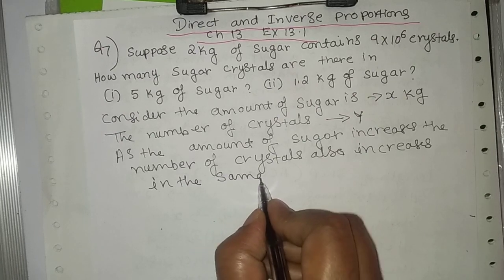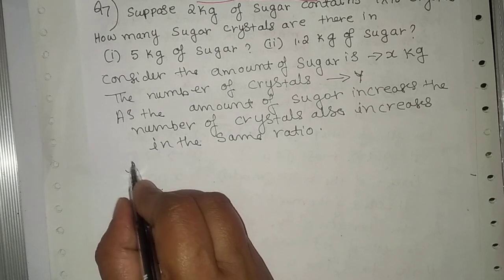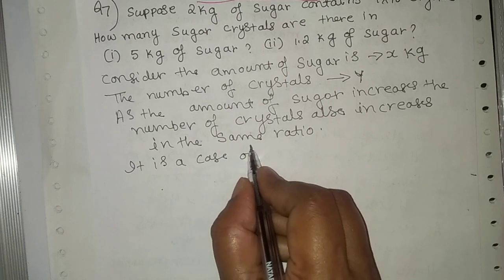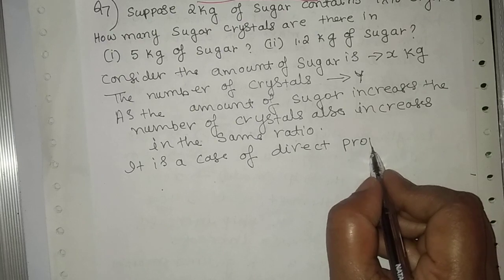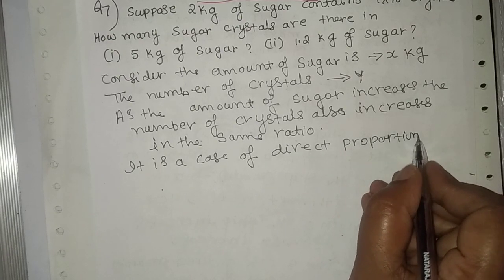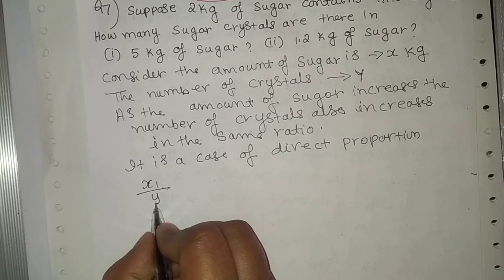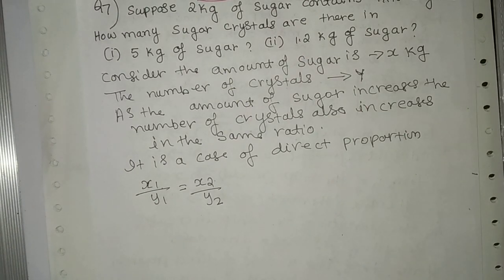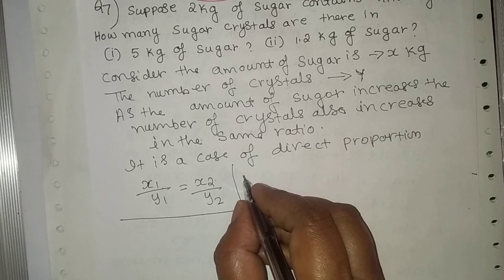So here direct proportion holds good. So we have to conclude this as it is a case of direct proportion. Then we take the same relation, that is x1 by y1 is equal to x2 by y2. So now for the first option we'll take here, this is the formula for the first option.